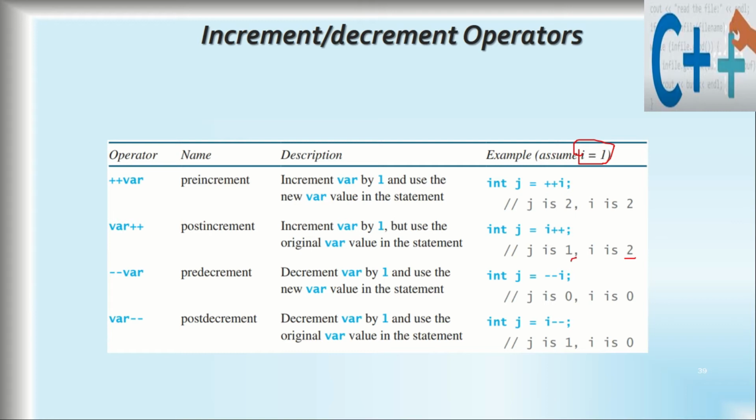J = --i: decrement the value of i and assign the value to j, so the value of j is 1. When we decrement it to 0, then the value of j is 0 and i is also 0. With i--, first assign the value of i to j and then decrement the i value. This is the increment and decrement operator.